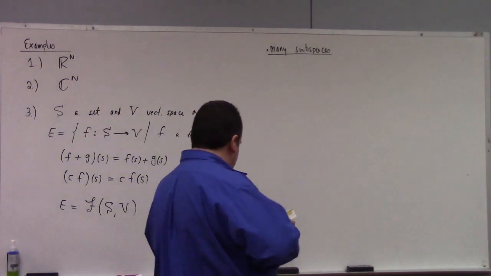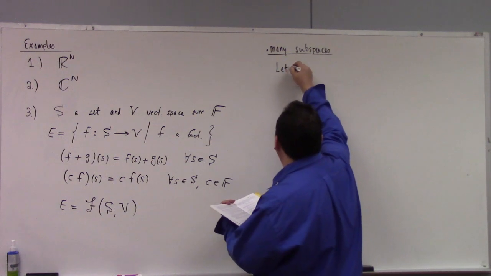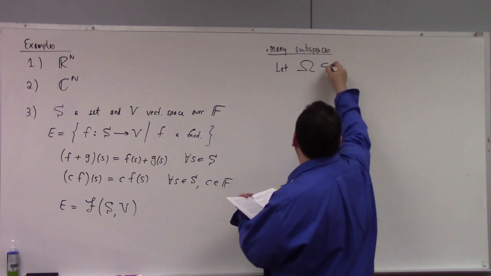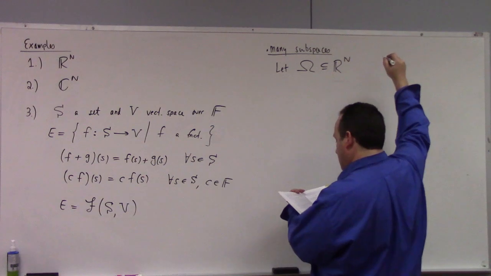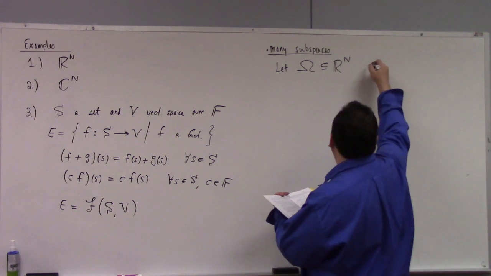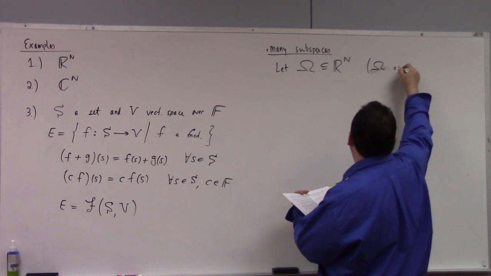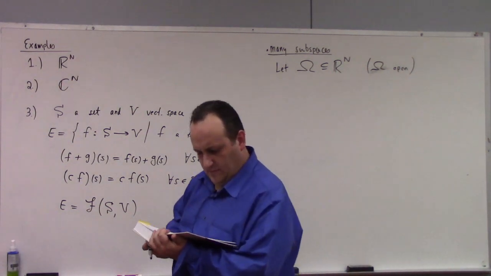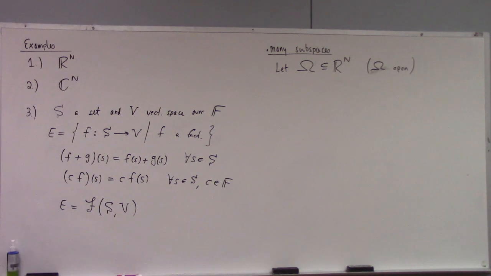So we need to know this notation, right? So he says, let omega be a subset of R^n, and he says that this is an open subset. What do I mean by open subset? Is that okay? So I don't know.